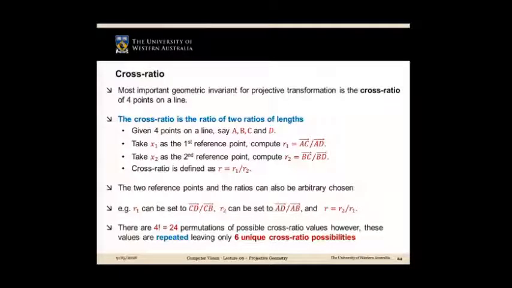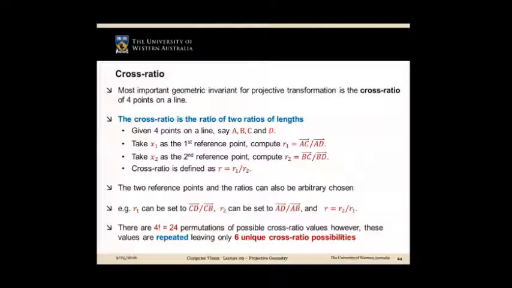Now another important thing is that the 2 reference points and the ratios can be arbitrarily chosen. So you can shuffle the points. Instead of B, C, B, D, you can use C, D, and C, B. And you can also change the ratios. Instead of R1 by R2, you can take R2 by R1. If R1 by R2 is preserved, of course R2 by R1 will also be preserved. It won't change.